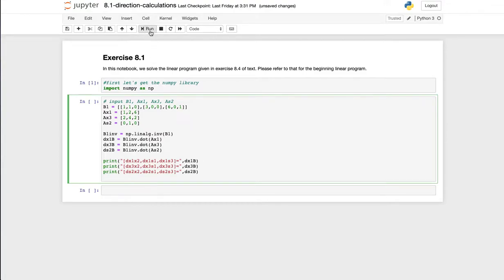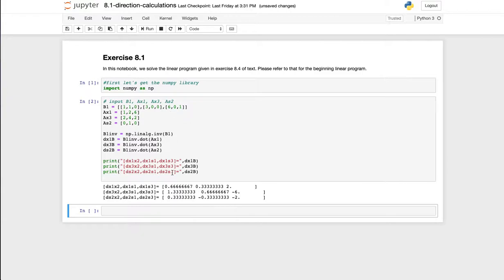Okay, now let's print that out and see what happens. Okay, so I see that my directions, the x2 component, s1 component for the first direction is 1/3, 2/3, 1/3, and 2. And it's 4/3, 2/3.